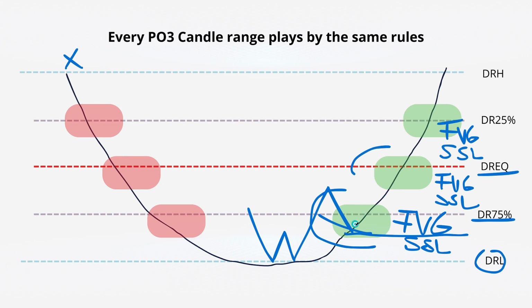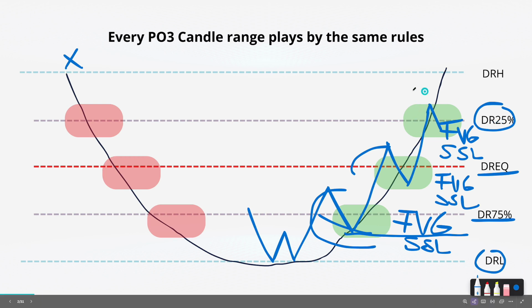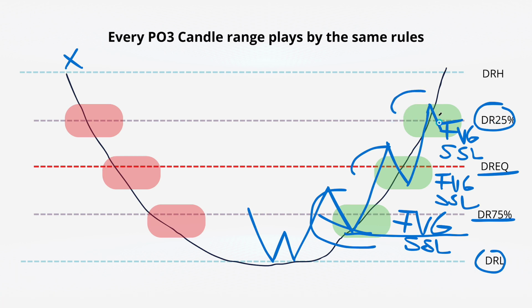If price closes above equilibrium here, you will expect the same rules: bearish retracements, fair value gap, sell stops, to continue to the next quarter, the 25. Price closes above, you expect the same dynamics, fair value gap or sell stops, and you can find SMT in every reaccumulation area. If price closes above the 25 with candle bodies, it's high probability for price to continue to the external dealing range high.